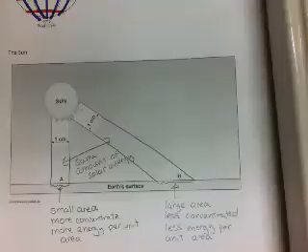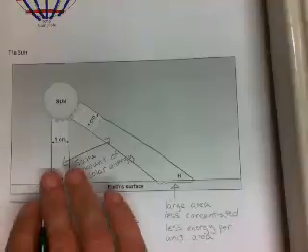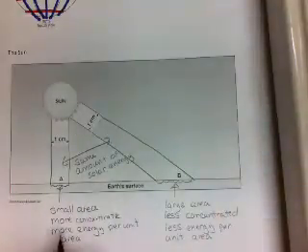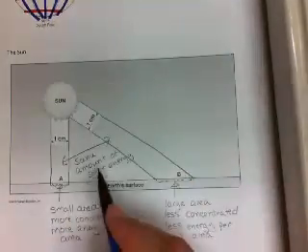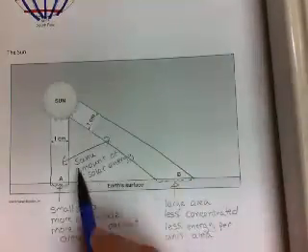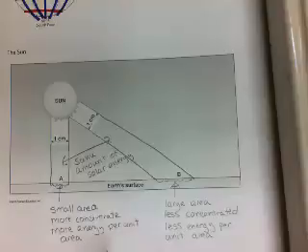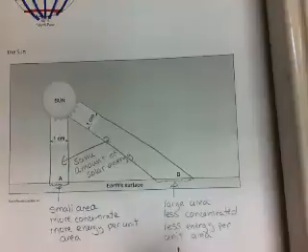The only form of energy that can be transmitted through space, through a vacuum, is electromagnetic energy, such as visible light. So what happens is that the light from the sun travels through space, gets absorbed by surfaces on the Earth, and that causes them to heat up.